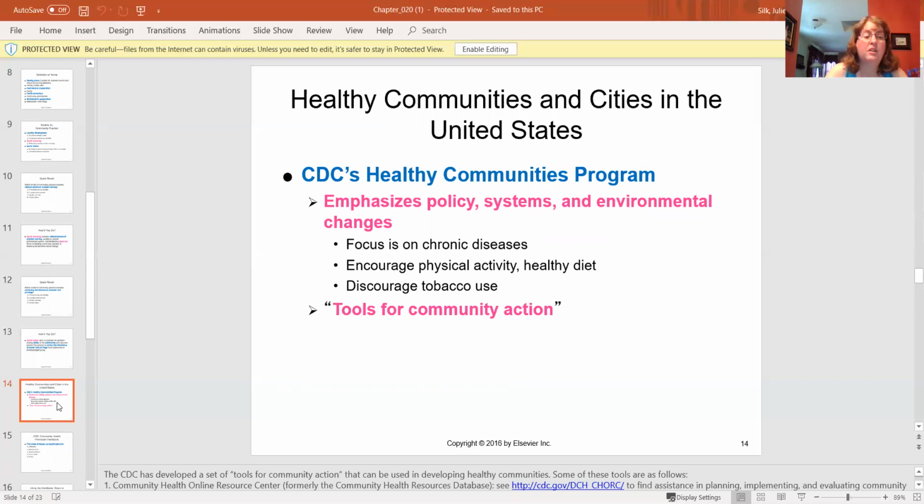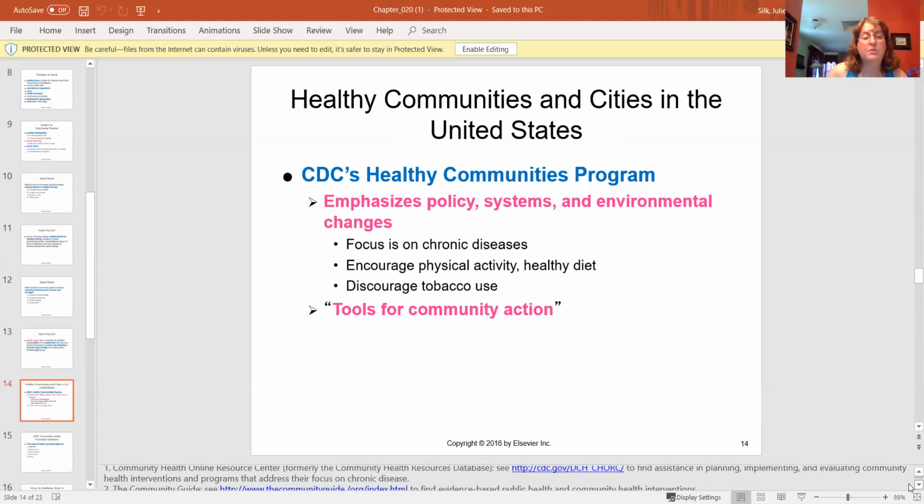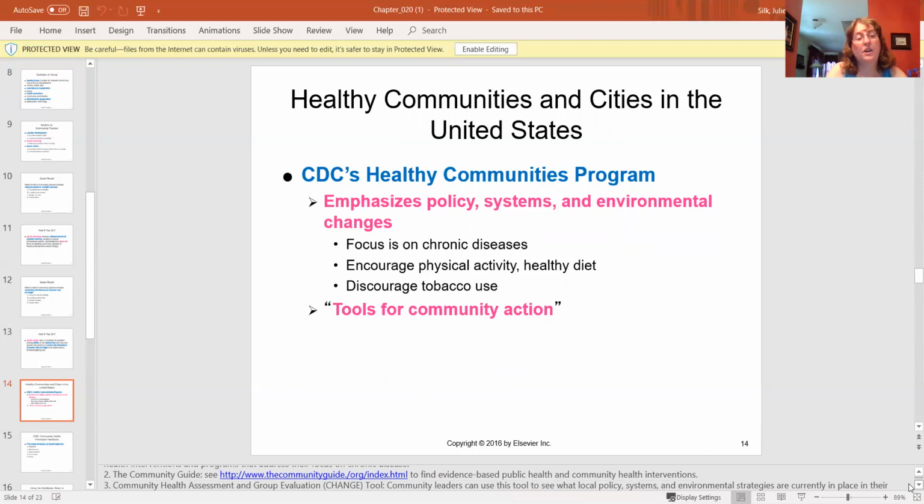Community Health Online Resource Center, formerly the Community Health Resource Database, which you could go to cdc.gov/DCHCHORC to find assistance in planning, implementing, and evaluating community health interventions and programs that address their focus on chronic disease. The Community Guide, you would go to www.thecommunityguide.org to find evidence-based public health and community health interventions.